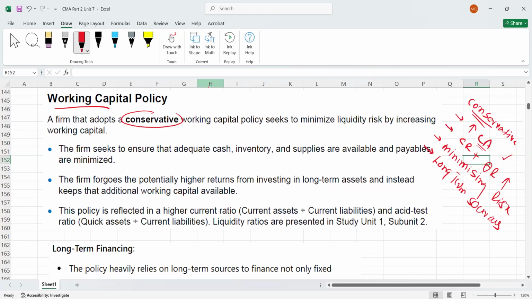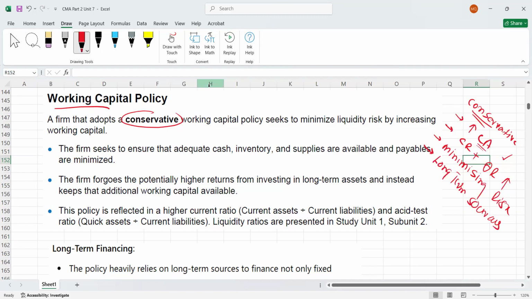Like maybe they may take funds from issuance of equity or long-term debt, right? So they are using long-term sources of finance to finance the majority of working capital. The majority of working capital includes permanent and fluctuating, so for the majority of working capital, they will use long-term sources of finance.